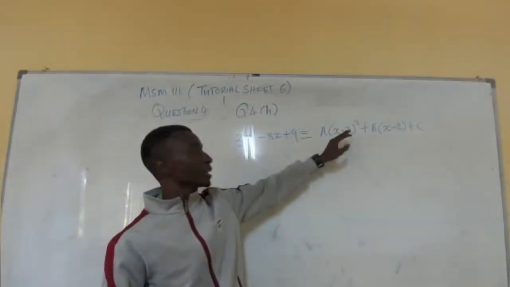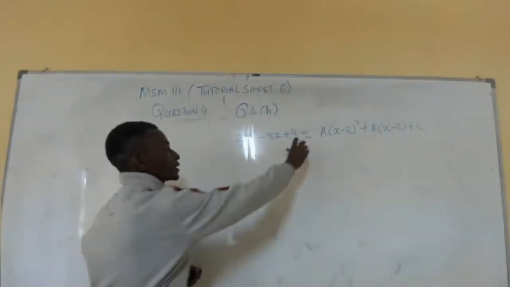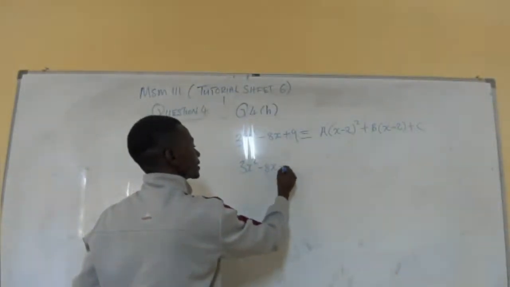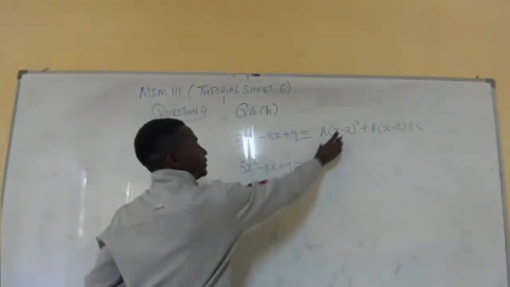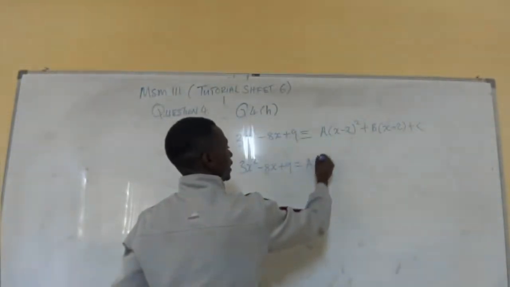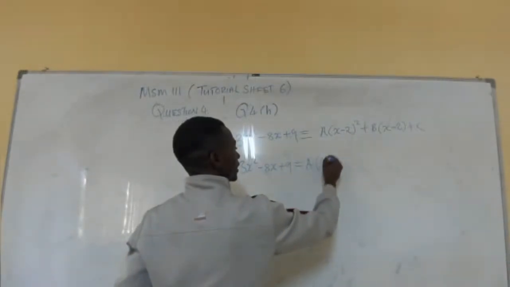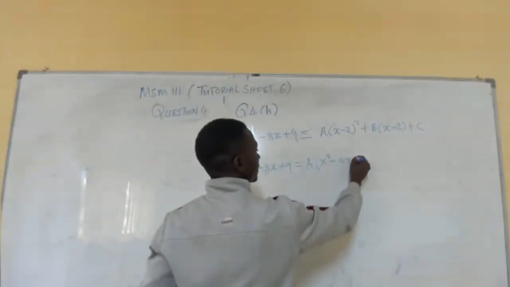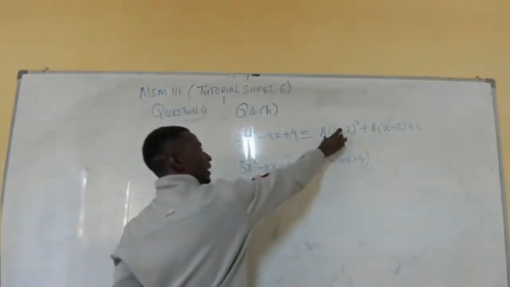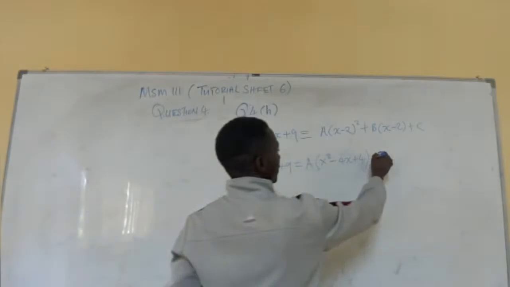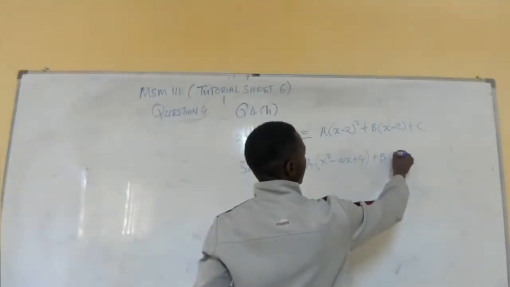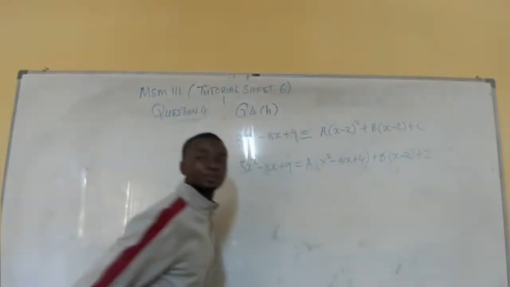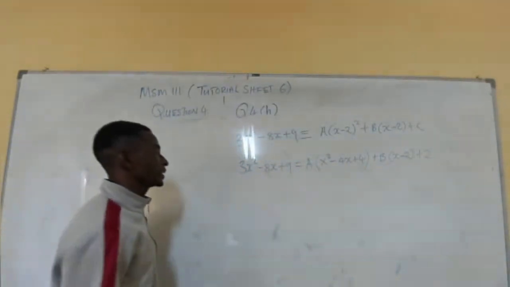So if I expand this, x minus 2 squared gives x squared minus 4x plus 4, plus B(x minus 2), plus C, which is 5.